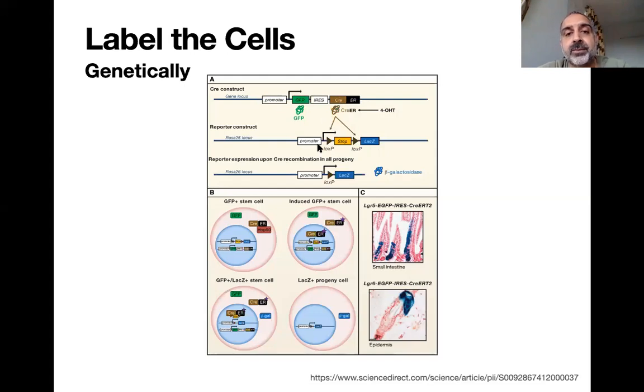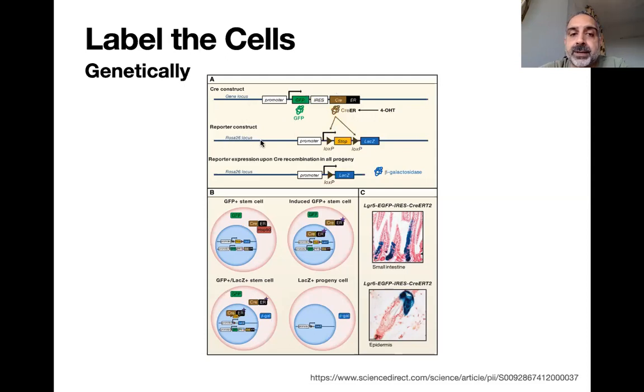In this case, what you can do is put a transcriptional stop sequence in between the Lox sites. And so what one mouse will have is an enhancer driving Cre. Don't worry about this GFP and this IRES. This enhancer is driving Cre in a particular subset of cells. Let's not worry about this ER either at the moment.